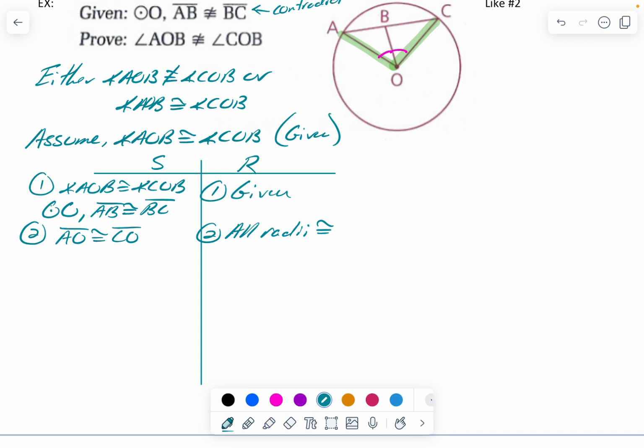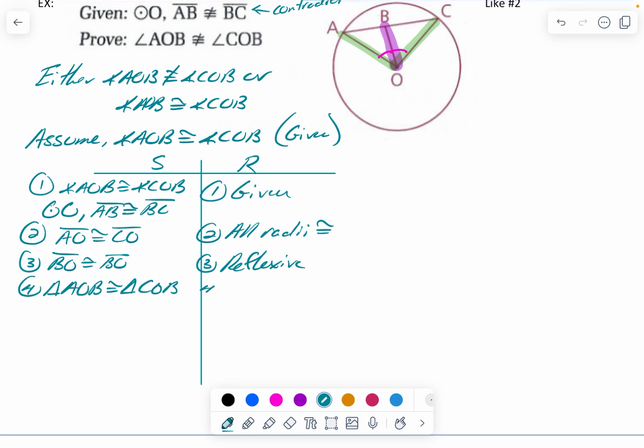And, oh, if we want to prove these triangles are congruent, we have a side, an angle, and now we can use BO congruent to BO, reflexive, and that can be our other side. So now we can say triangle AOB congruent to triangle COB, and that's by side, angle, side.